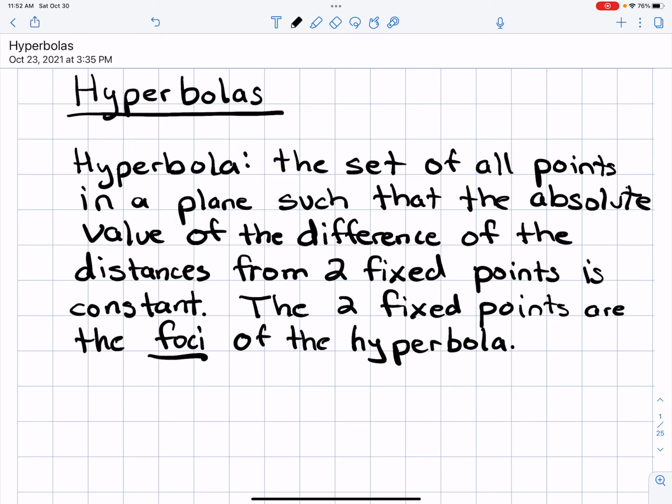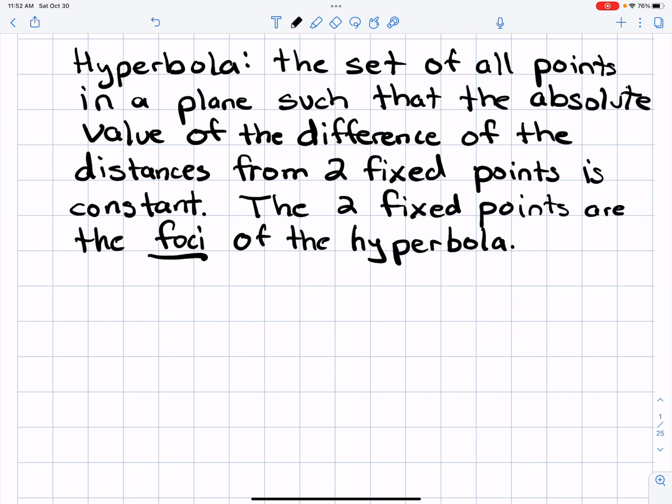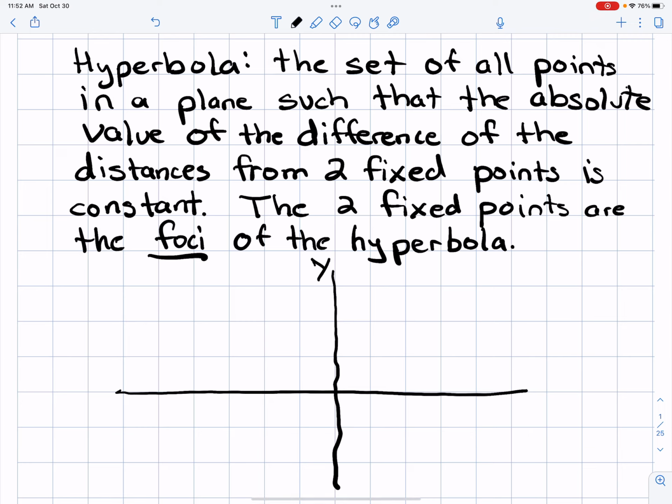Okay, so let's draw a little picture. Pictures can speak 1,000 words, right? Or I like to say graphs can speak infinite solutions, if you want to adapt that to mathematics. So let's look at our grid, XY system, and let's center our hyperbola at the origin.